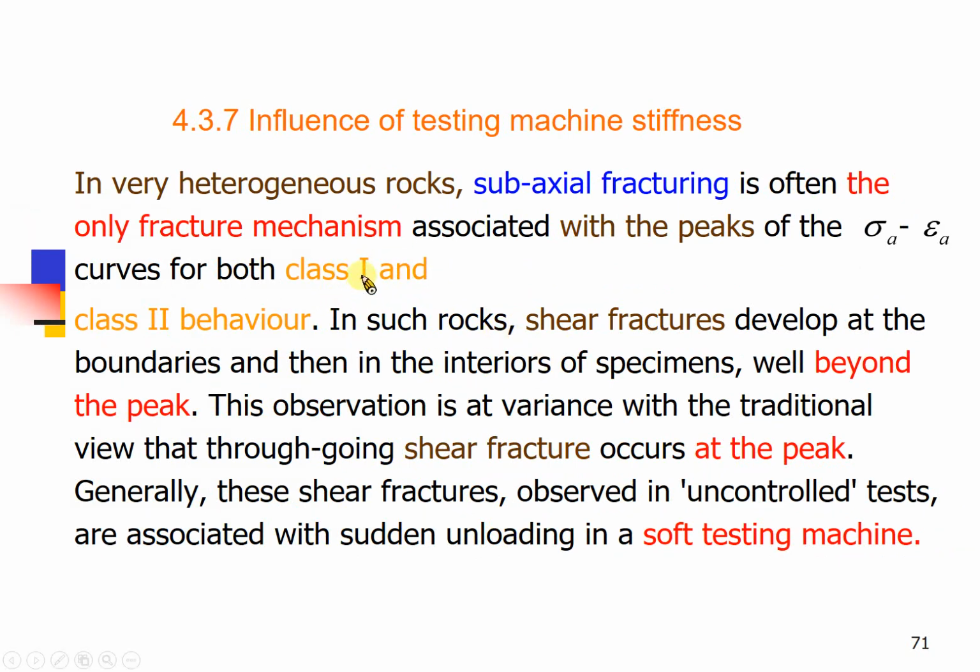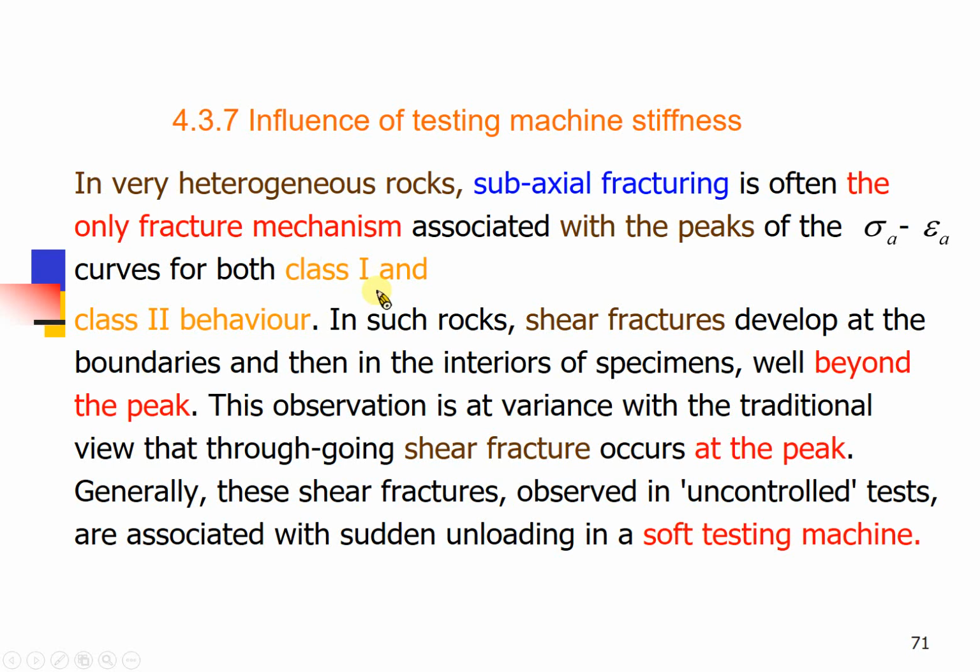For the class 1, you will have many vertical or many micro fractures parallel to the maximum principal stress or parallel to the axial directions. I already mentioned this to you yesterday. So you will have many fractures like this.